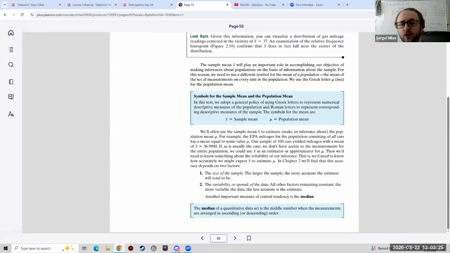Now, we also want to highlight notation as we move forward, as notation is going to be important as we look at more complex statistical questions. So first, when we're talking about an average, we have to make the distinction of if we're trying to study a population set of data, sometimes we have the entire population, right? If I'm looking at the population of a classroom, I could collect all of that information, right?